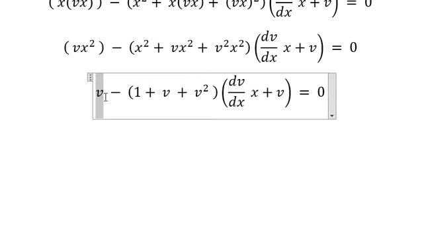Next, I will put v go to the right and we divide both sides by negative of 1 plus v squared in here.